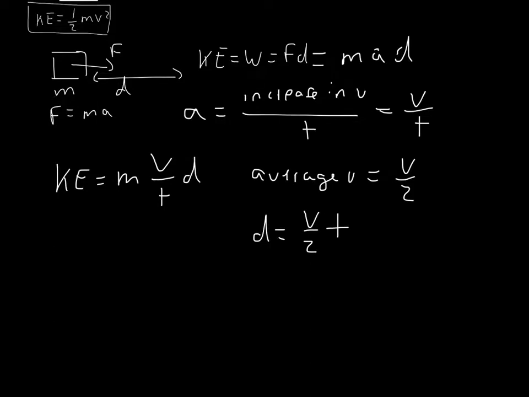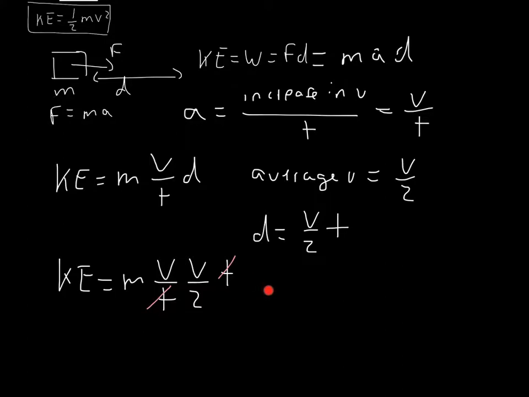And now I have everything I need, because I'm going to plug this thing here into the distance. So again, kinetic energy equals mass times v over t, and now times the distance, which is equal to v halves times t. So times v over 2 times t, and you can see that the time disappears.